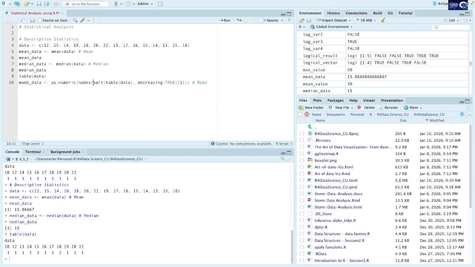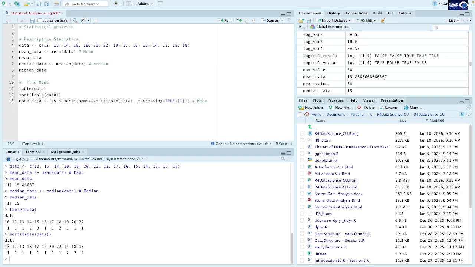Now if you sort this data, it will come like 10, 20, 12, 13, etc. But it is in ascending order, but we need it in the descending order of the values.